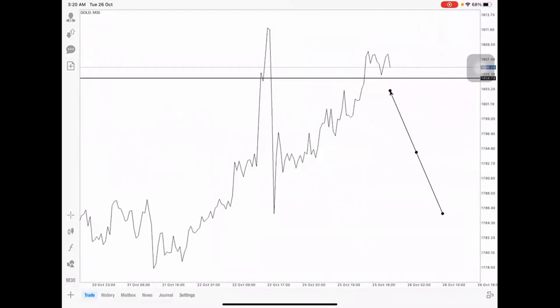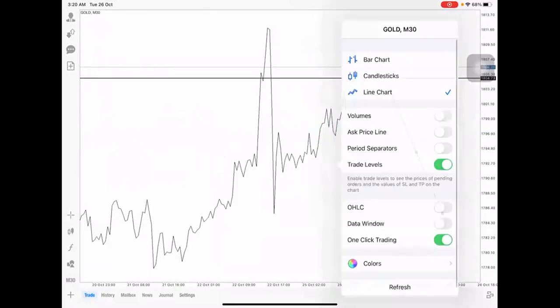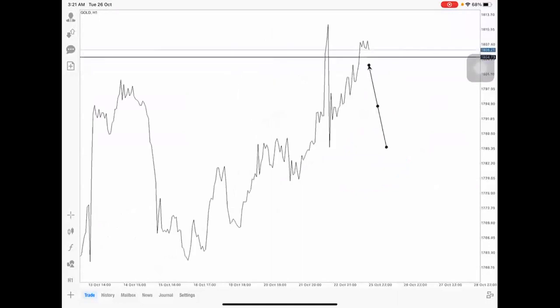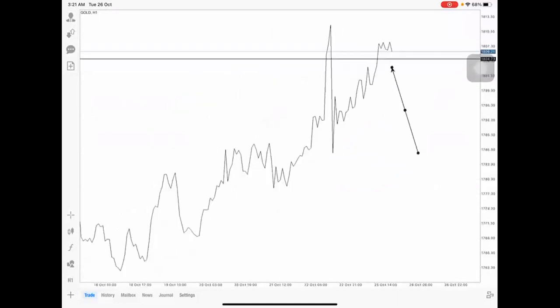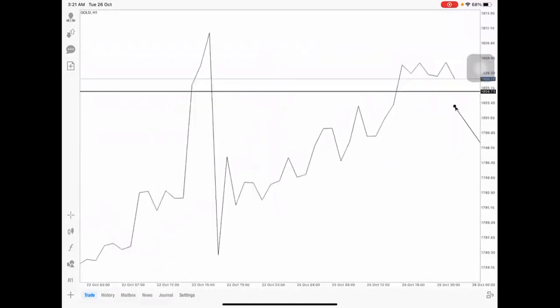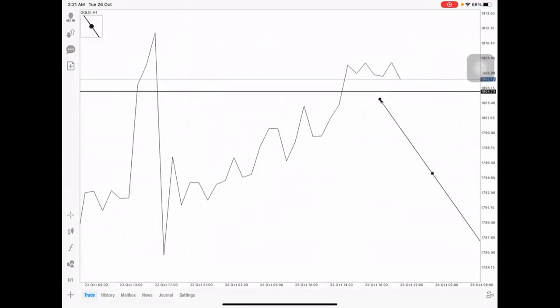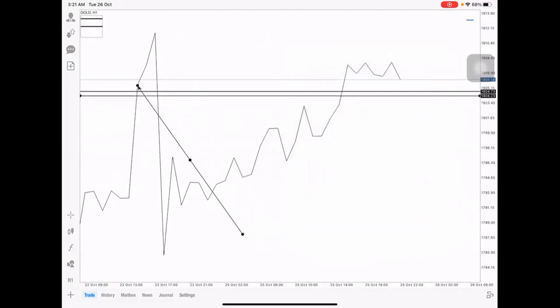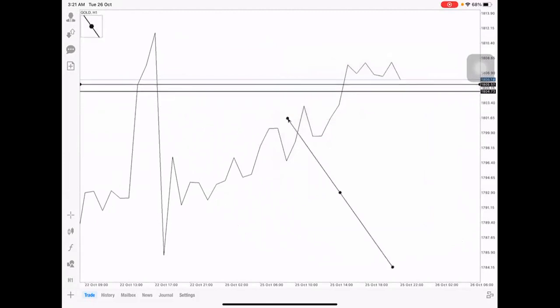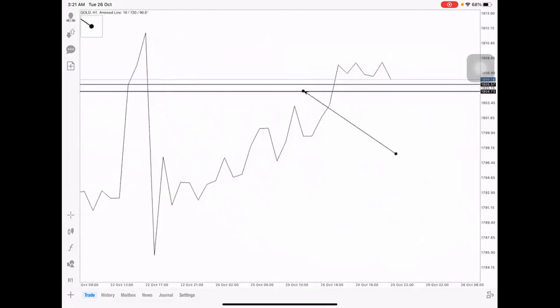Oh, this is H1. The small notch, where? To the left of the long candle. This one? Yeah. Okay. H1 daily, right? So this one, H1 plus daily, but sideways, right?